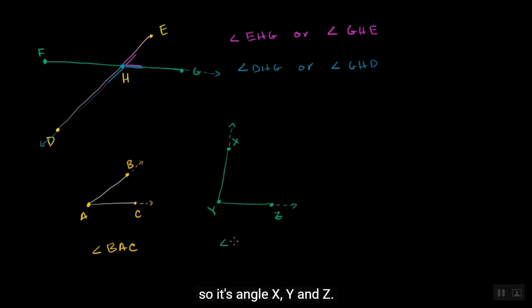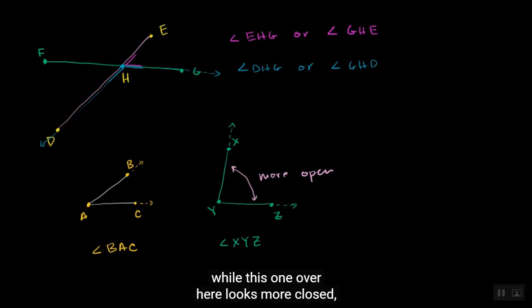So it's angle X, Y, and Z. And when you just eyeball these two angles, it looks like this one is more open, while this one over here looks more closed, at least relative to this one.